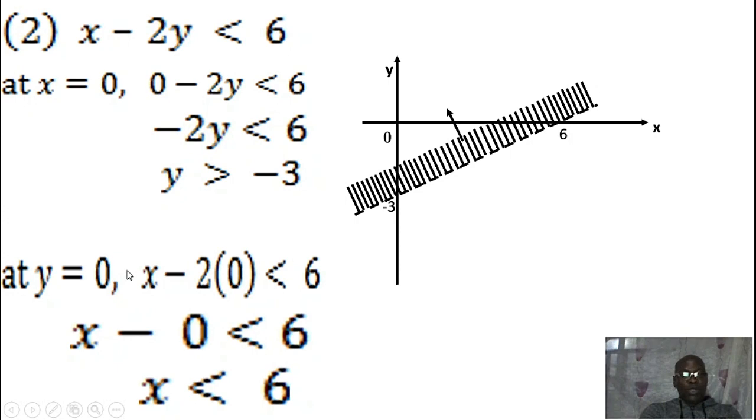Put y equal to 0, x minus 2 into 0 will be less than 6. At the end of everything, x is less than 6. Look at x being 6 here, less than means backwards. The resultant of the points will be upwards.